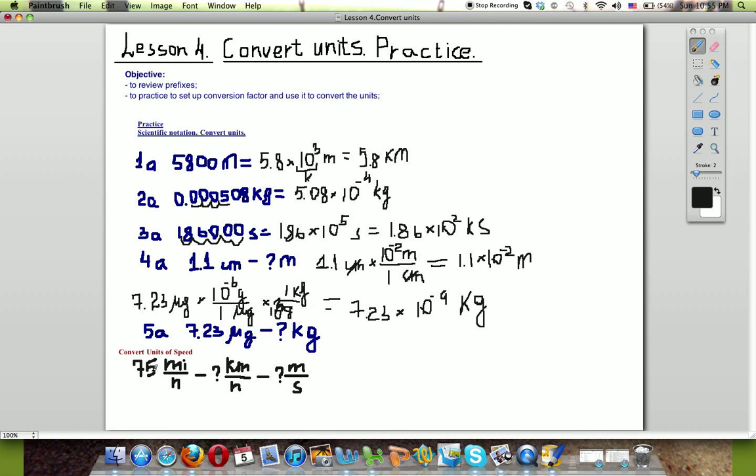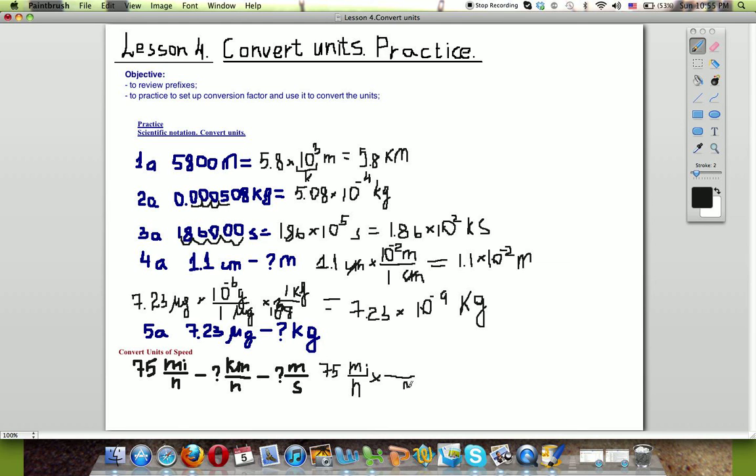So now to change the units of speed, if we change miles per hour to kilometers per hour, all we have to do is change miles to kilometers. So 75 miles per hour. To change to kilometers per hour, I have to multiply it by a ratio, a conversion factor.